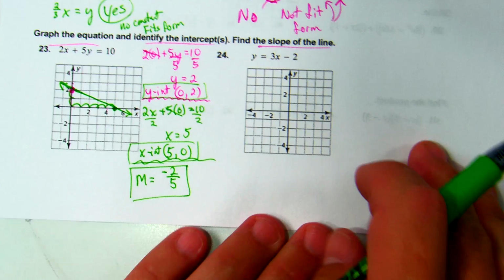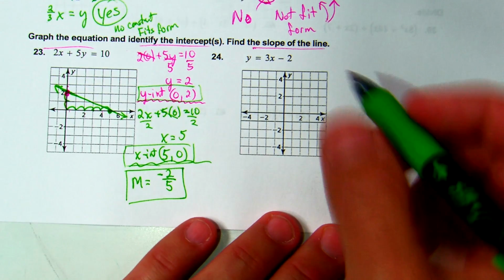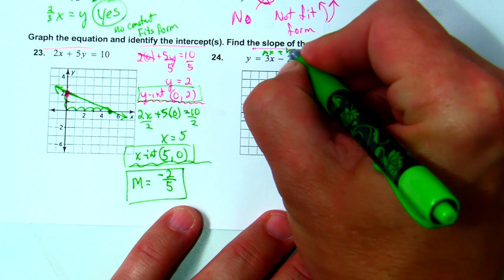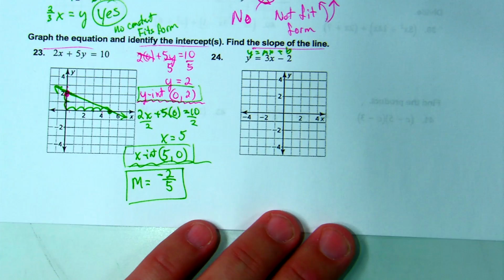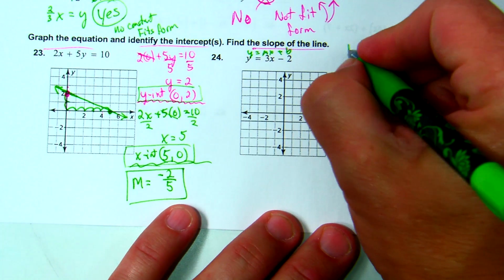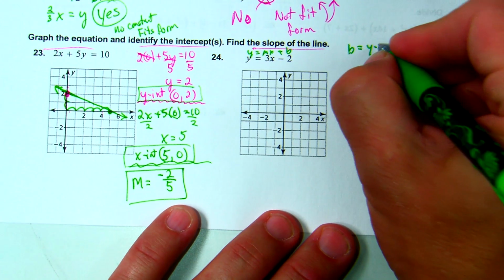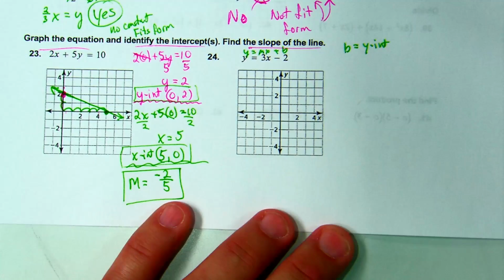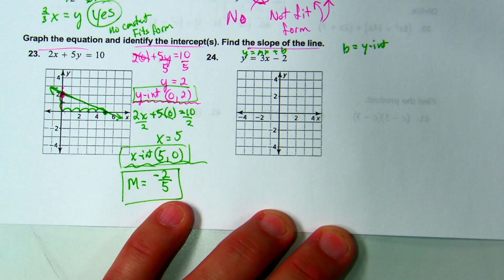All right, on this one, this is going to be very simple because this one's already in mx plus b format, right? Y equals mx plus b. What is b? What is that? That is the y-intercept. So where does this cross the y-axis? -2, right? -2.